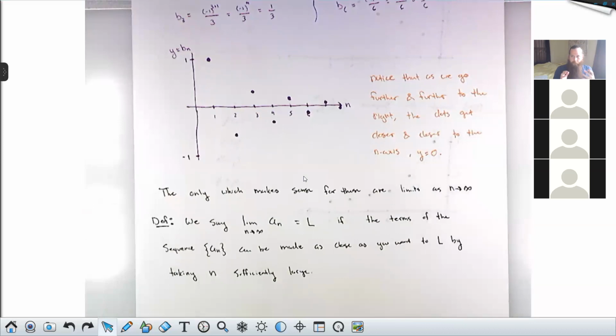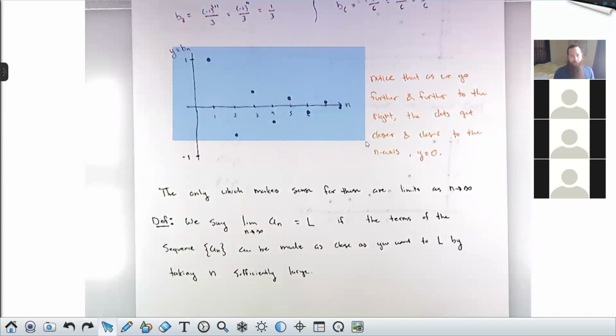So if the terms of the sequence a_n get closer and closer and closer and closer to that number L as n gets bigger and bigger and bigger and bigger, then we say the limit of the a_n's is L. The limit as n goes to infinity of the a_n's is L.